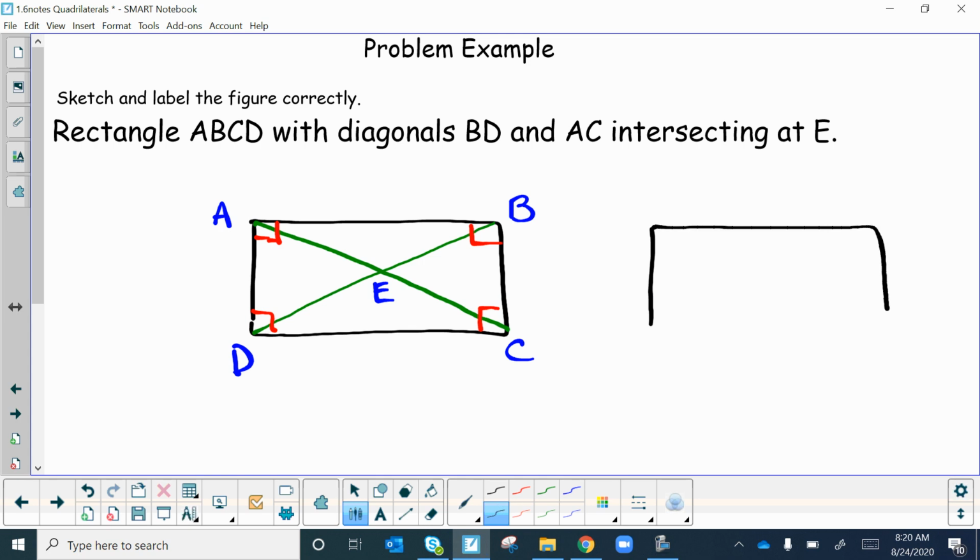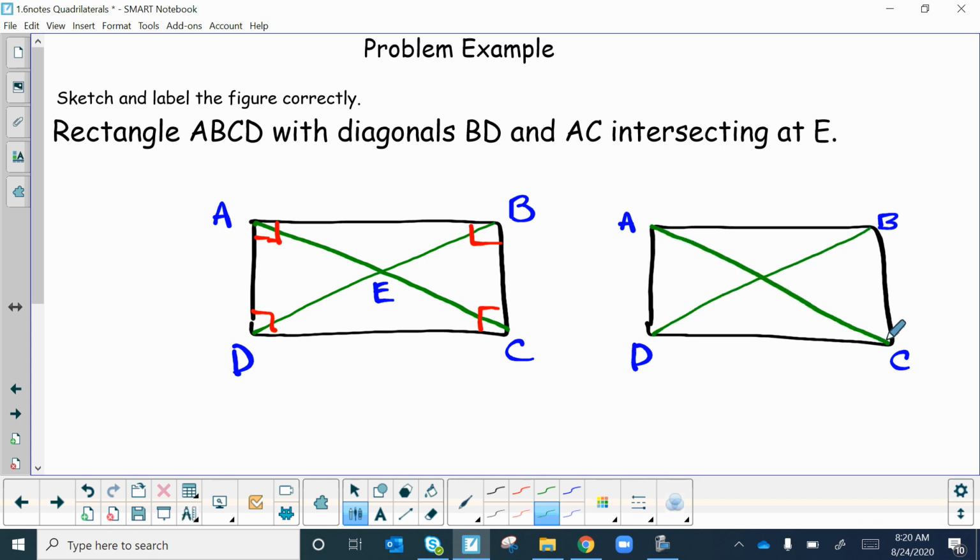Now, a lot of kids will just do extra markings, and that's fine too. So if you have A, B, C, and D, and then you have your 2 diagonals, and that's going to be point E. And then you want to also include that opposite sides are congruent.